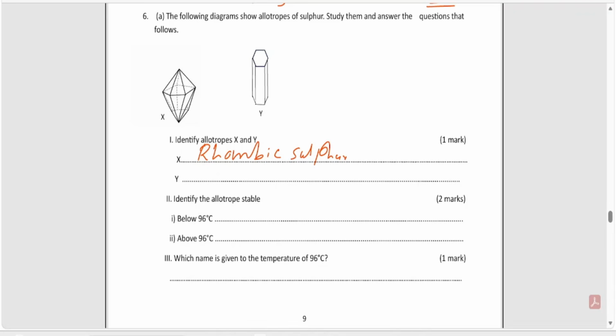and the one that is stable at or below 96 degrees Celsius. Then the other one is automatically monoclinic sulfur. It is always stable above 96 degrees Celsius. So identify the allotrope stable below 96.